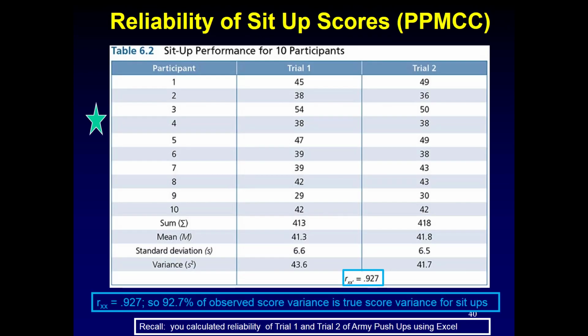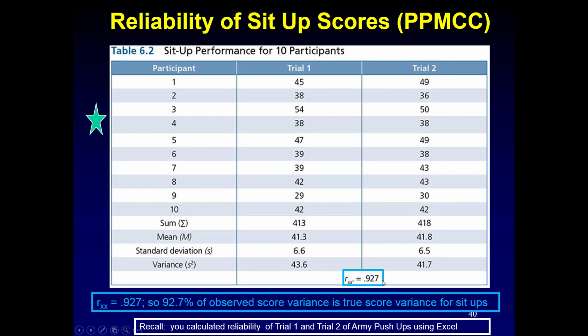Okay, now here's an example where we compute reliability. We have 10 people. We had them do sit-ups once, trial 1, and we had the 10 people repeat. They did sit-ups once again. That's trial 2. We can then calculate the Pearson R, which in this case we're going to indicate as R x x prime, to indicate that we're correlating the same thing to itself instead of an x to a y.